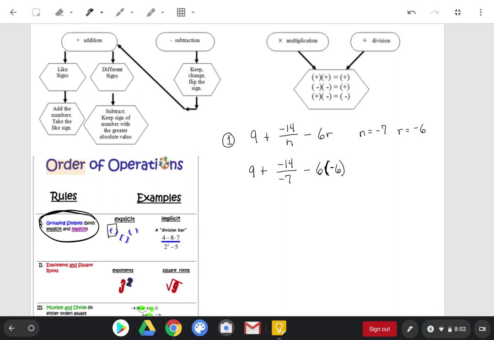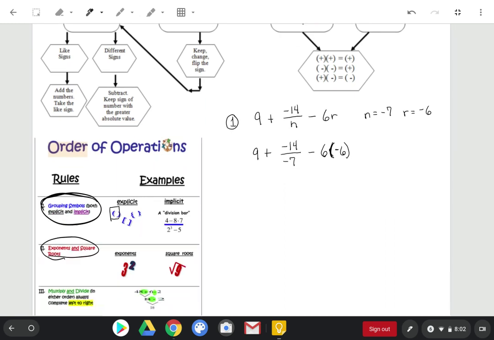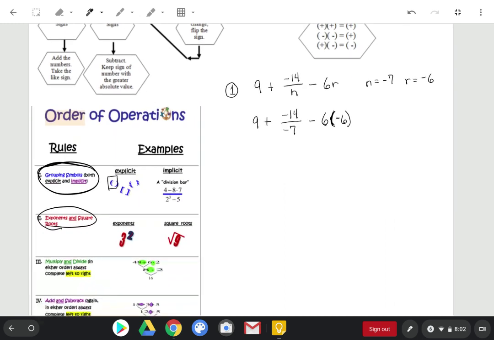They're not really grouping anything together. There's nothing inside of those parentheses to do. So we technically do not have grouping symbols here, okay? The next thing we're going to look for is exponents or square roots. And if we look in our problem, there are no exponents or square roots.